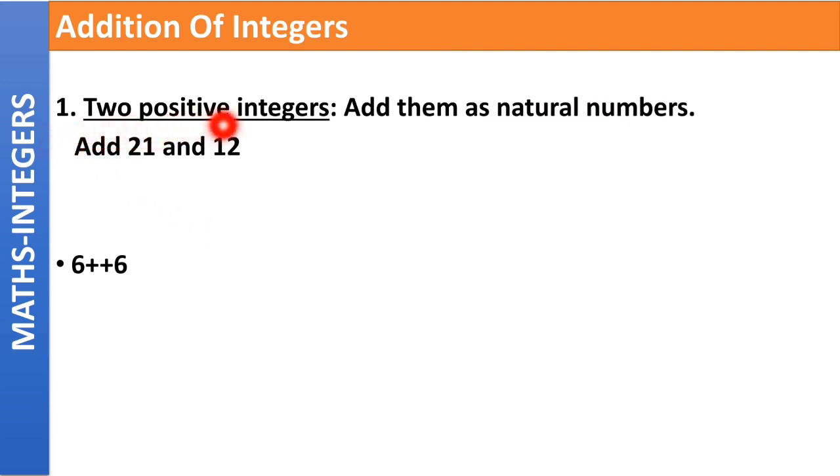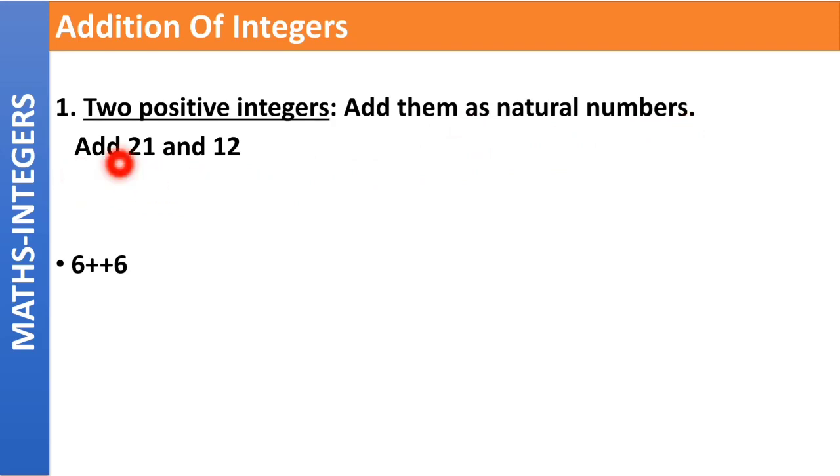So here today we'll discuss in detail about addition, subtraction, multiplication and division of integers. First possibility is that we have two positive integers and then we have to add them. What is the first possibility class? We have two positive integers, then we have to add. Now how do we do that? We add them as natural numbers. For example, add 21 and 12.